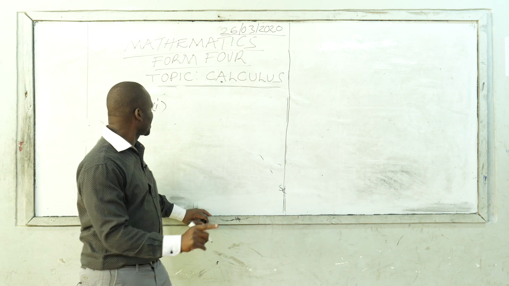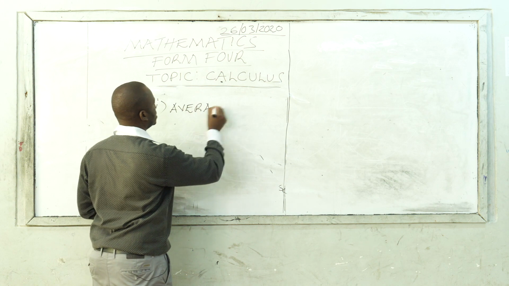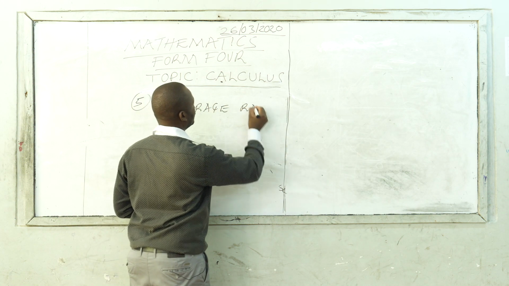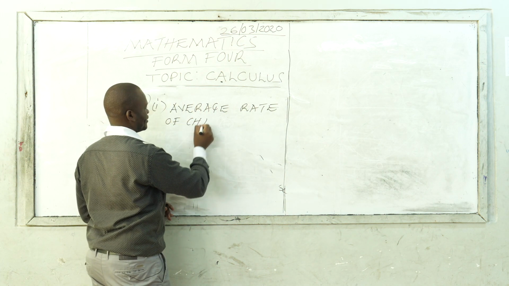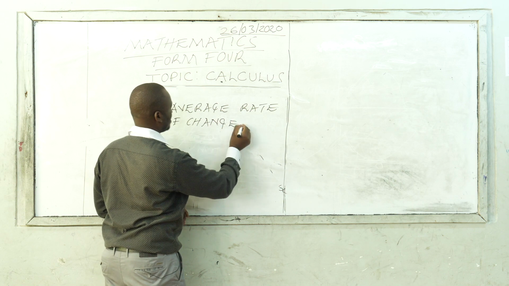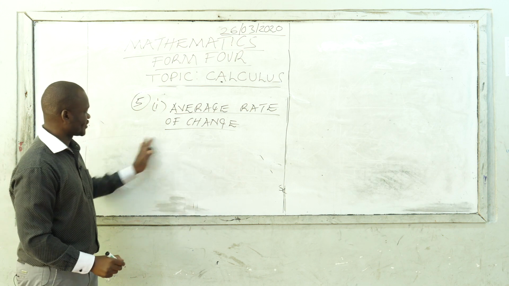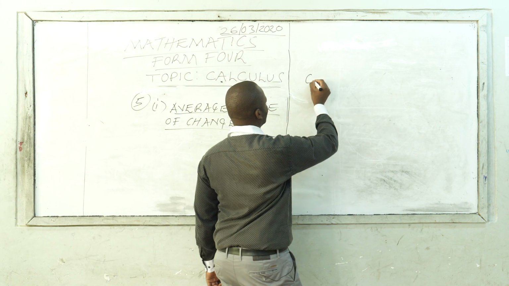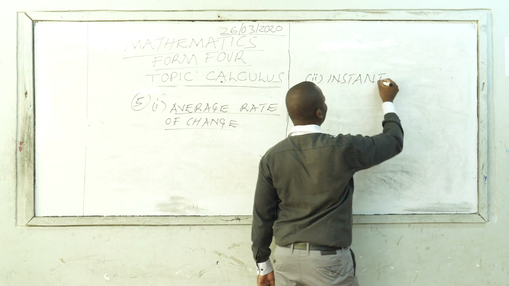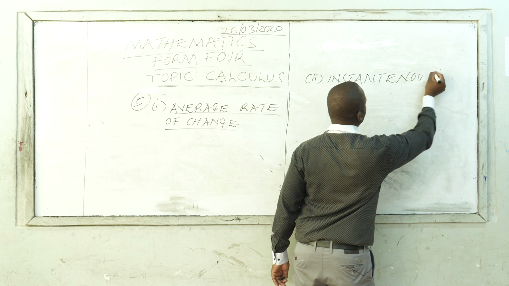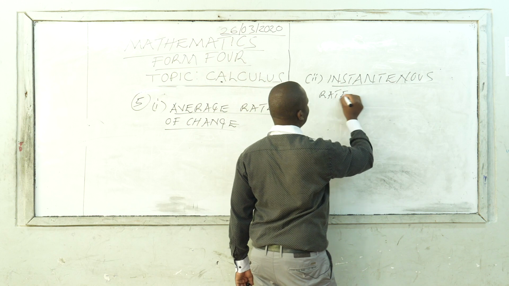Number 1, either what we call average rate of change. Average rate of change, something I'm going to clearly outline in this particular space. And number 2, we can have what we call instantaneous rate of change.